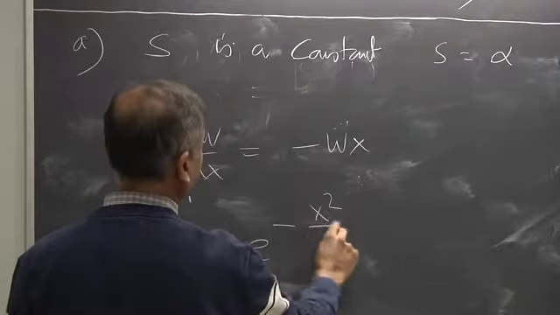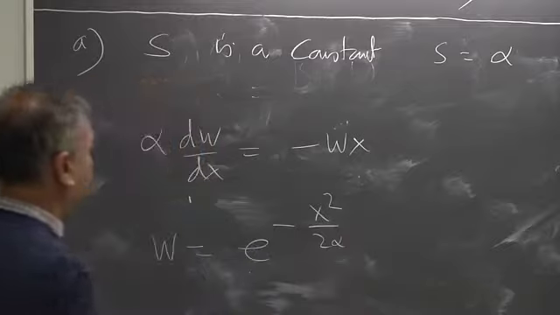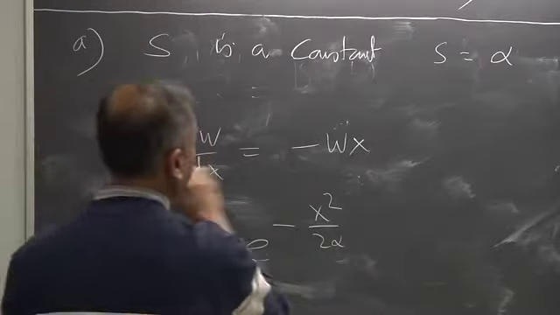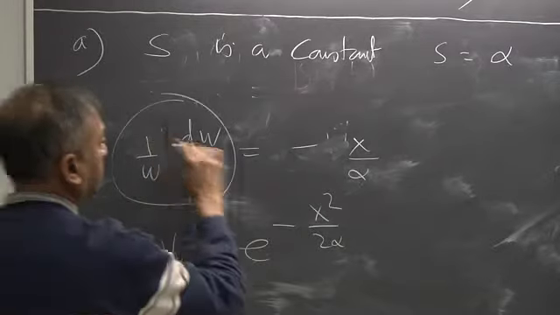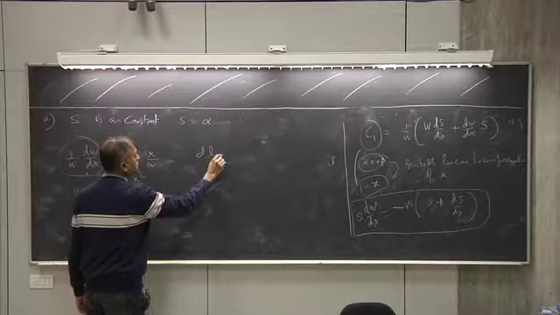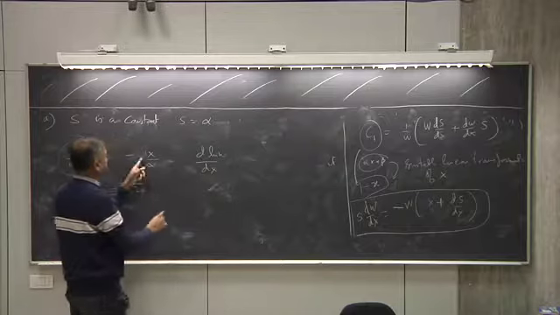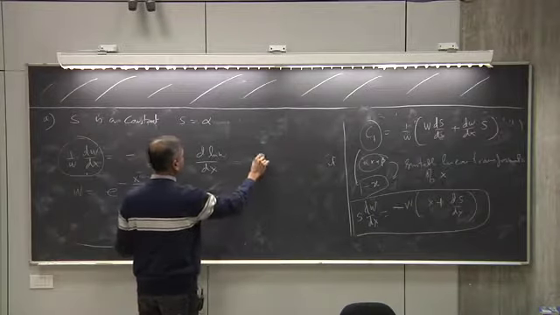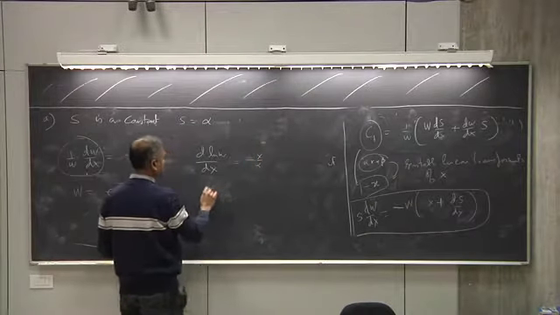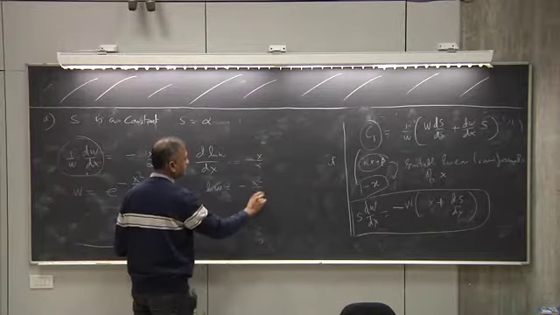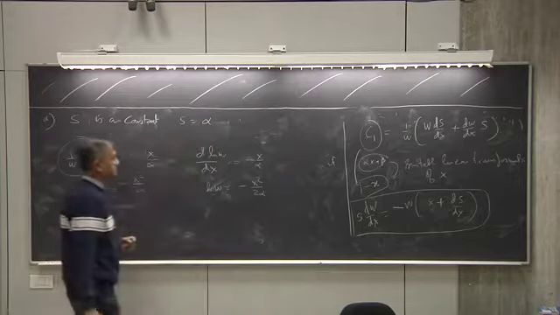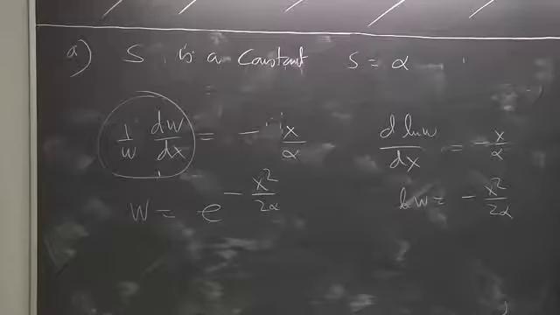Divide by alpha and by w: this is d log w by dx, which is equal to minus x by alpha. So log w is minus x squared by 2 alpha up to some constant, but constants will not be important, so W is e to the power of minus x squared by 2 alpha.